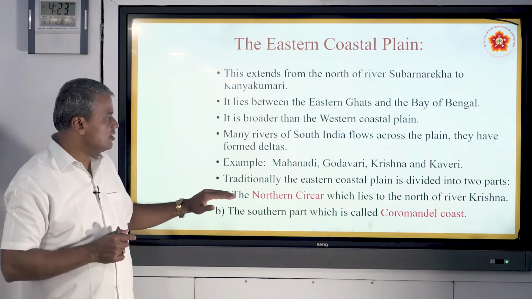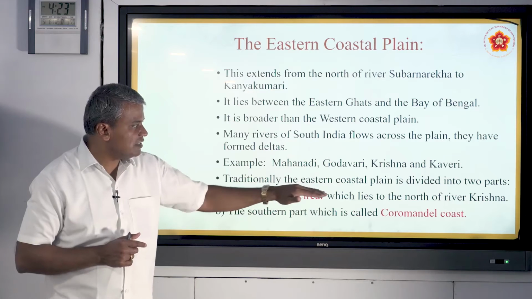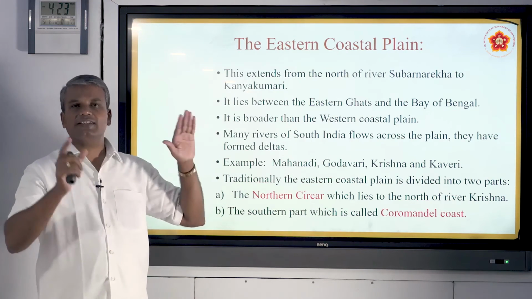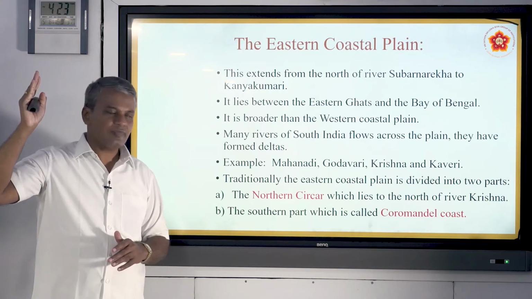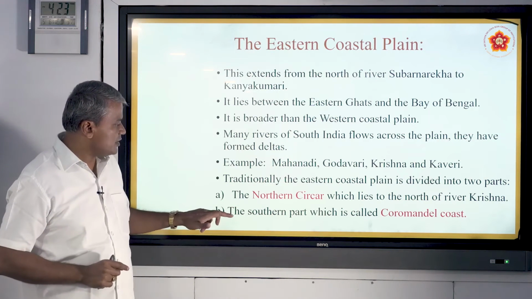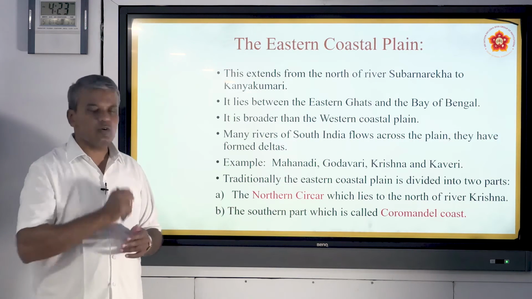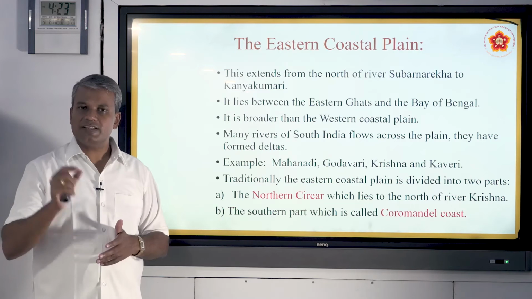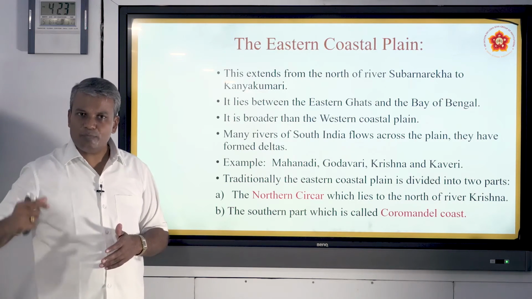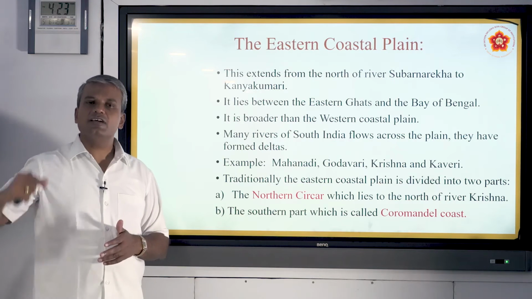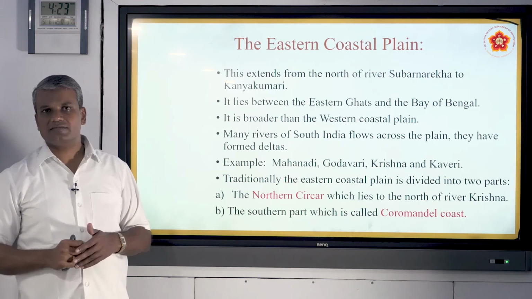First one is the Northern Sarkars, which lies to the north of the river Krishna, and the second one, the southern part, is called the Coromandel coast.